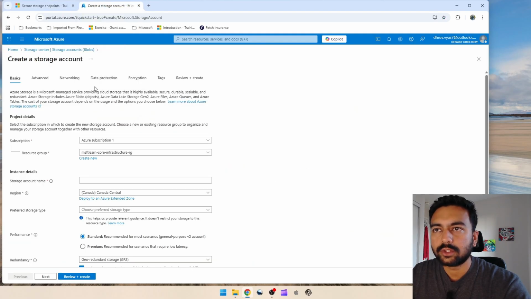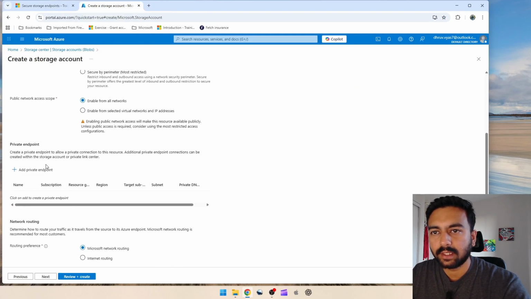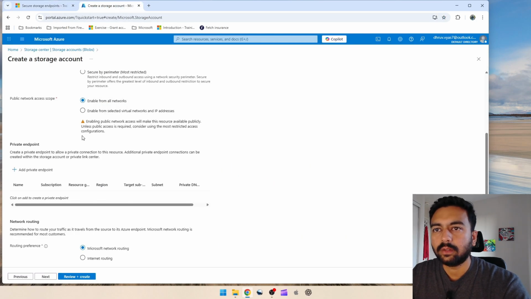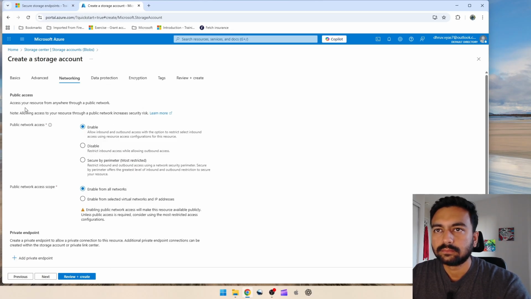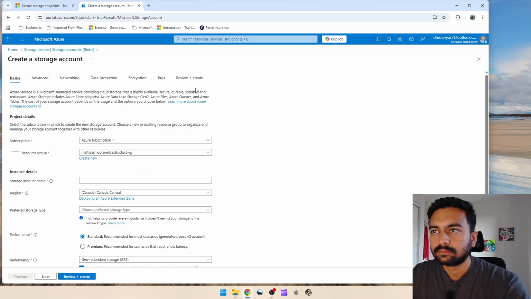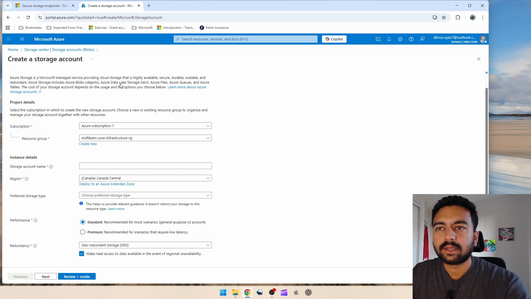You can add virtual networks. So maybe from networking we can add a virtual network. No, I cannot. I guess I have to go through all this and create a storage account.